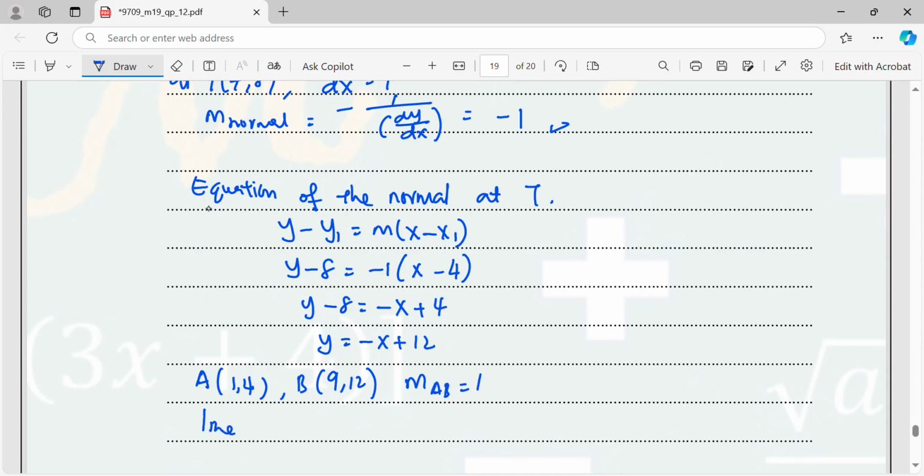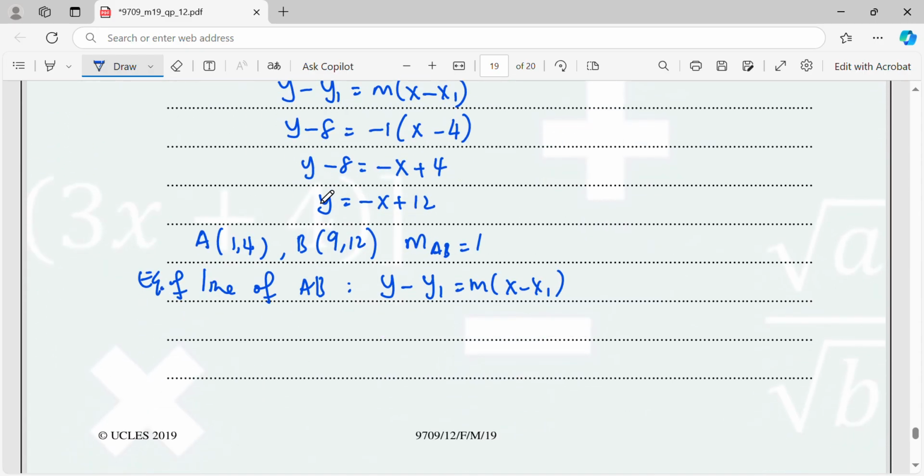So I can easily write down the equation of the line AB, that is going to be y minus y1 equals m times x minus x1. I will use the point A. So y minus 4, the m is 1, x minus 1. So 1 times x minus 1 is still the same. So x minus 1, and moving the minus 4 to the other side, it becomes plus 4. Minus 1 plus 4 is plus 3, so y equals x plus 3. This is my second equation.